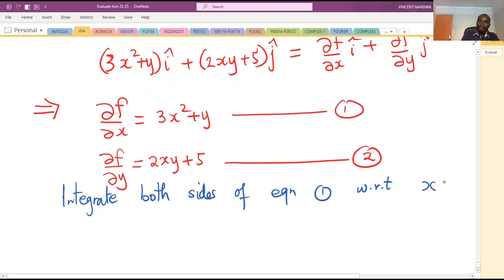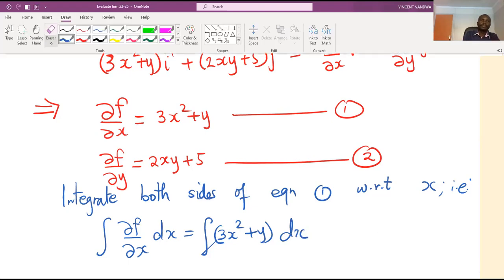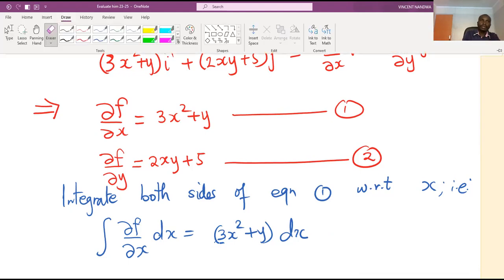So we will have the integral of partial f partial x dx equals the integral of 3x squared plus y dx. And then let's carry out this integration.